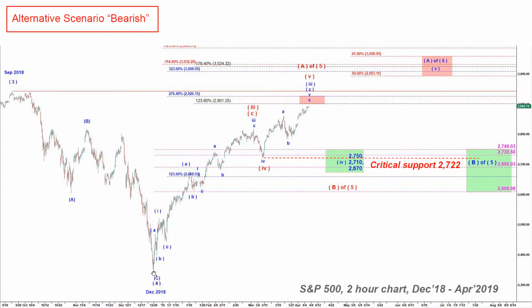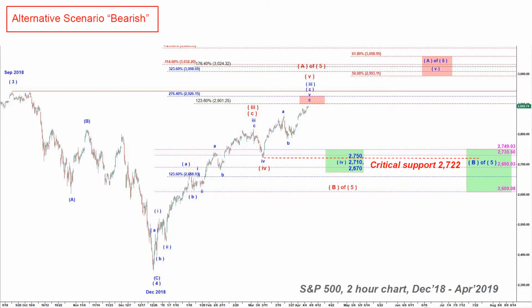I do not like it that much because I would like to have wave 4 more pronounced here. That's why I like the blue count more, but I could say that it's still valid. Again, when we have two alternative counts, we should wait for the moment when both counts have the same expectation regarding the next move, even though they may have different expectations about the depth of the upcoming corrective move down.